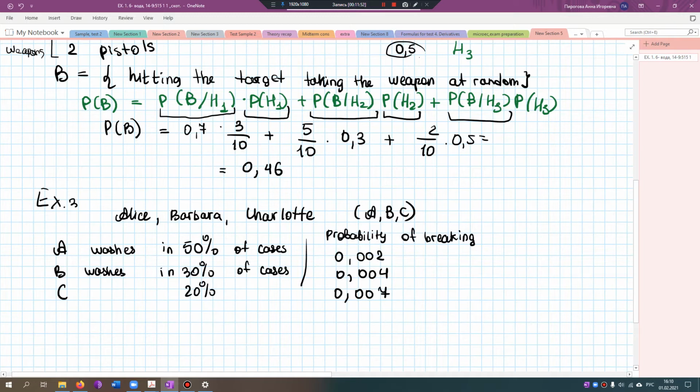So we need to determine who most probably washed the dishes, if something was broken.